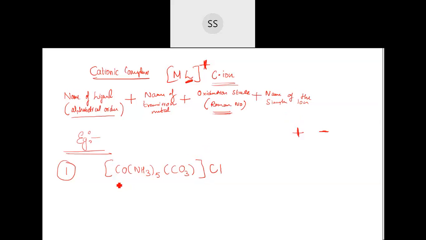We need to name the ligands inside according to alphabetical order, then the charge carried by the transition metal, followed by the ion present outside. I will start naming this. There are two ligands present: amine and carbonate.